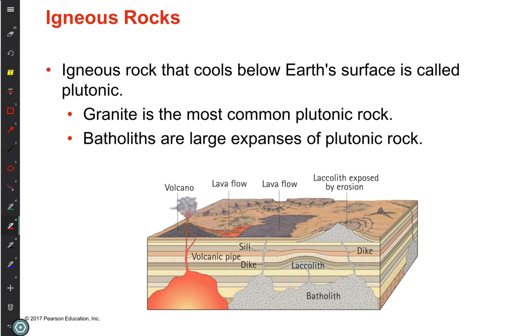Okay, a batholith is just a really large pluton. A pluton is a big pocket of molten rock. So if you have a batholith, a big pocket of molten rock, as it slowly cools, right, because the material around it that's solid, of course, is cooler than that batholith.